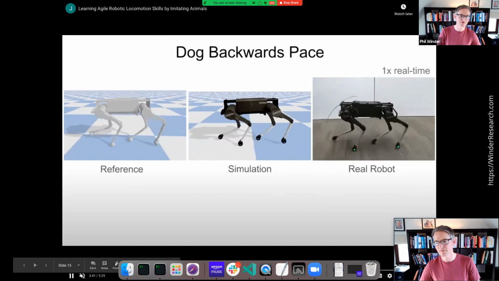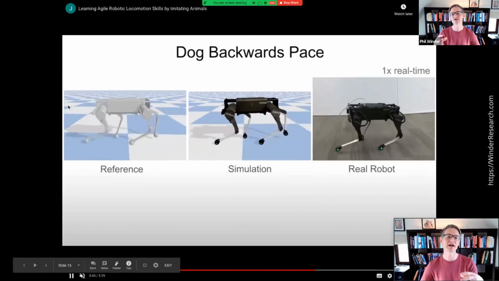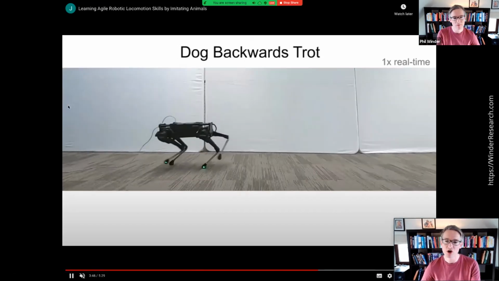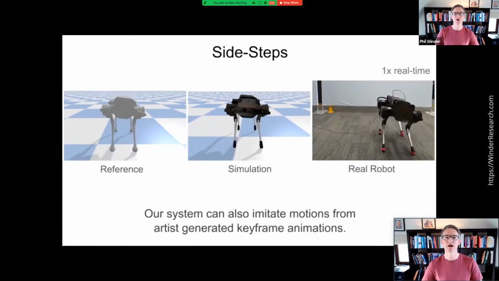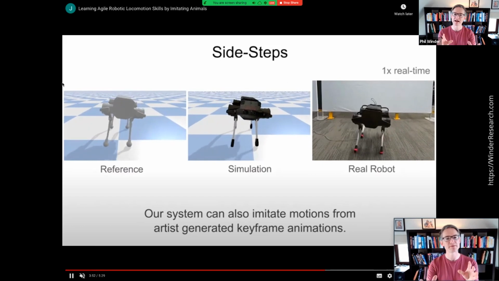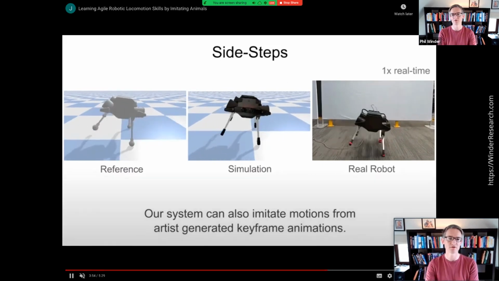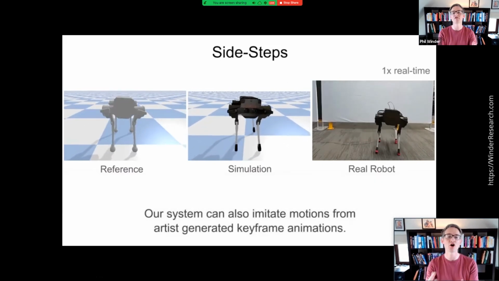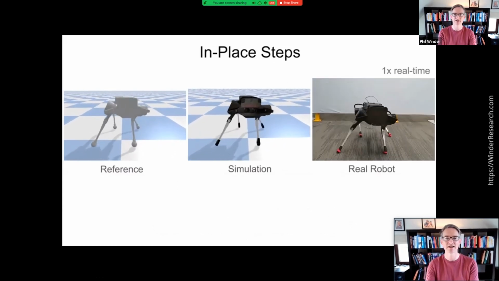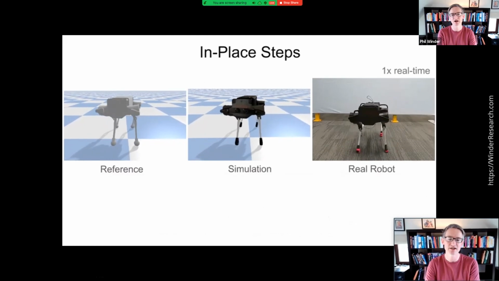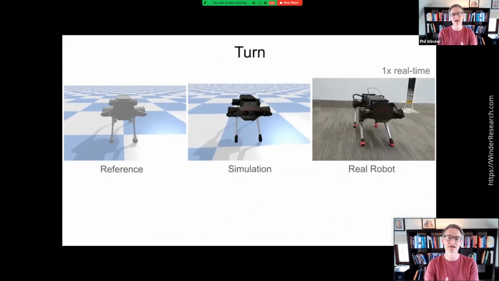And so over time, they managed to train all sorts of more complex behaviors, like a backwards trot, for example, or side steps. And all of these behaviors are not available off the shelf, okay? Because some of these behaviors are really quite complex, and they're very hard to encode. So in fact, you need to learn these behaviors.